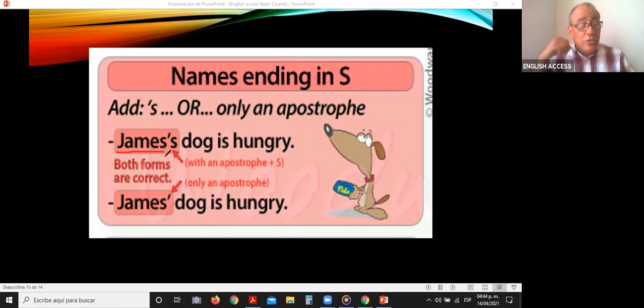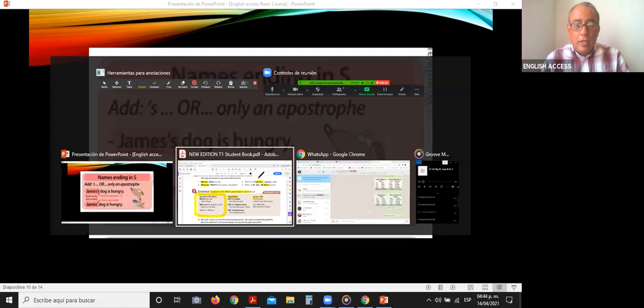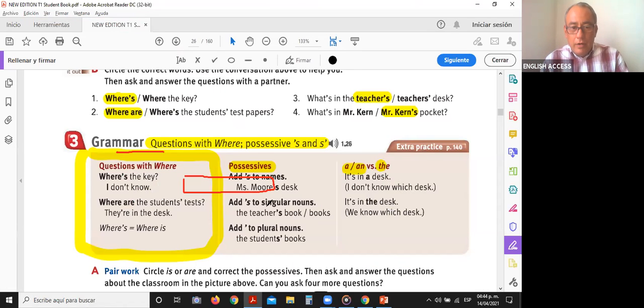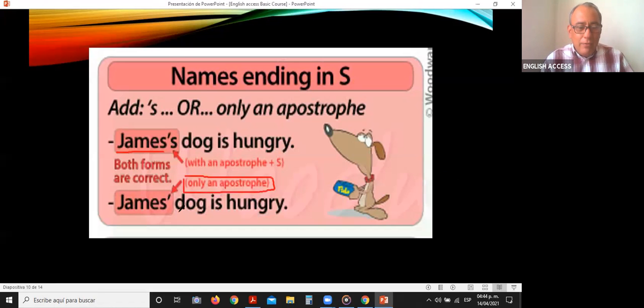The book tells us that we only add the apostrophe at the end. For example, right here with James. James' dog is hungry. In this case, the dog belongs to James.